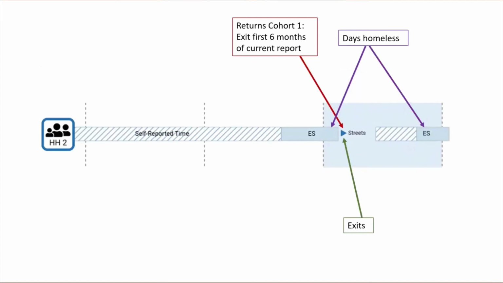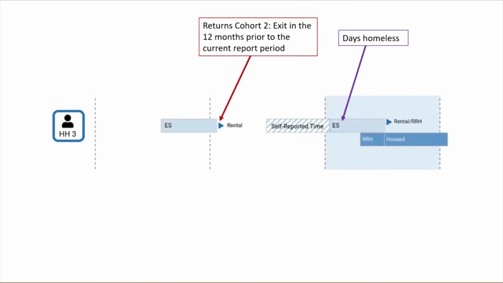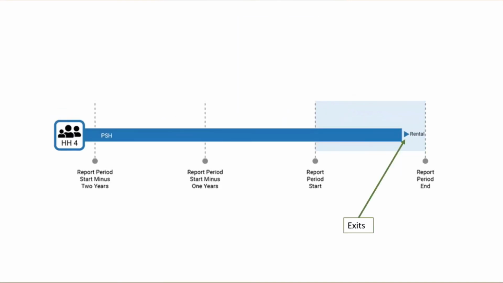Household 2 is included in the base universe, the days homeless universe, the exits universe, and the returns universe for exit cohort 1. Household 3 is included in the base universe, the days homeless universe, and the returns universe for exit cohort 2. Household 4 is included in the base universe and the exits universe.